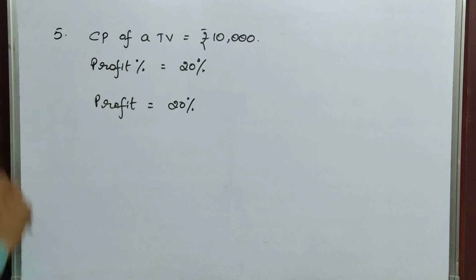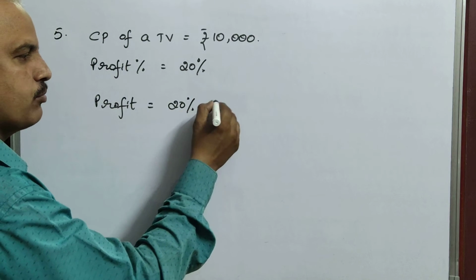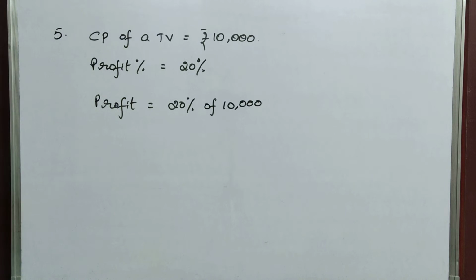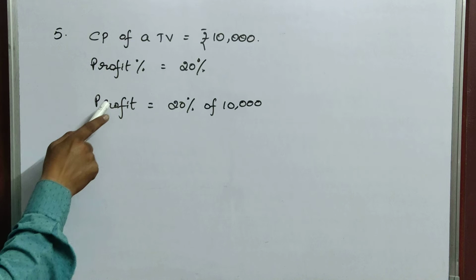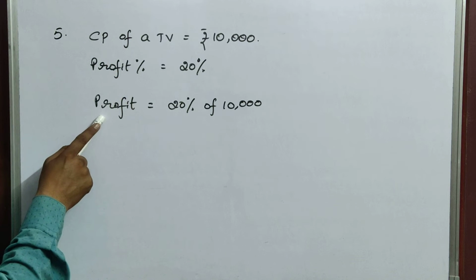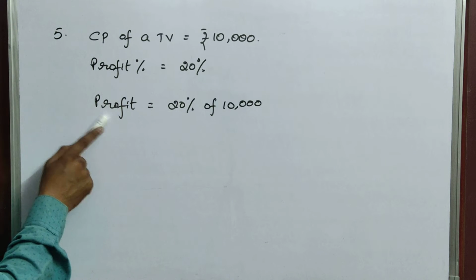On what will he actually get profit? On the cost of a TV. So the cost of a TV is how much? 10,000 rupees. So this is the easiest way to find profit when they give profit percentage and CP. This is the finding of profit.